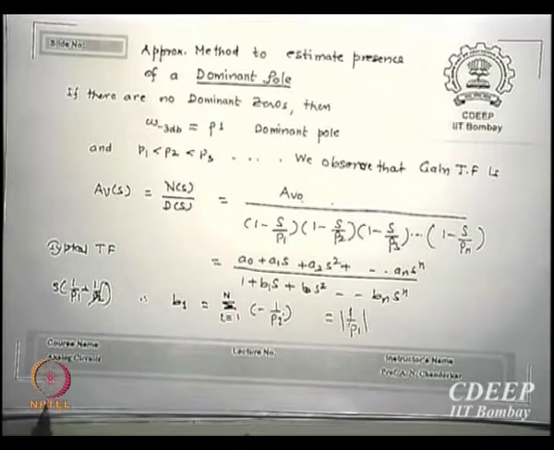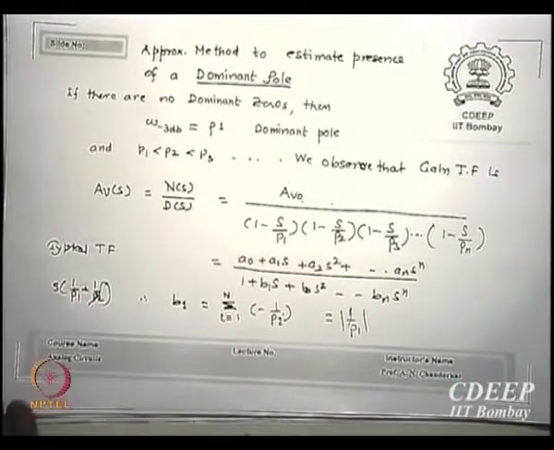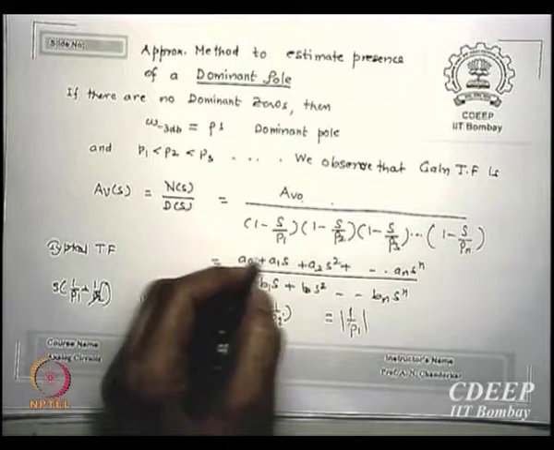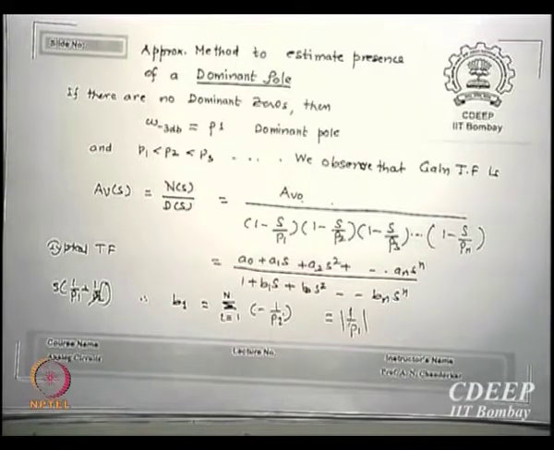So how do we get this? By observation of this transfer function, I realized that these terms can be neglected except A0. Here also other terms can be neglected. So only the term related to B1 will give me the dominant pole, and that is how we can evaluate it. This is the trick I am going to use.